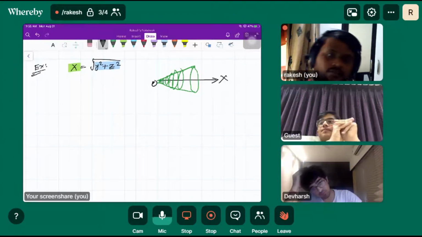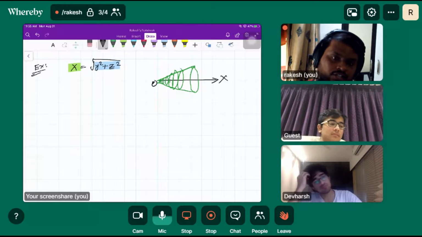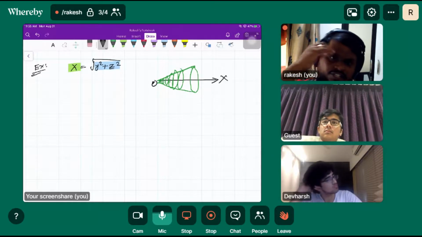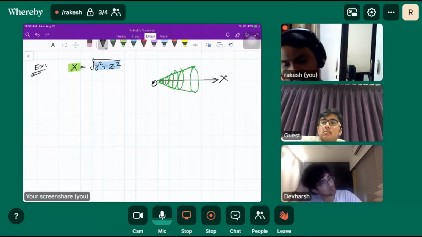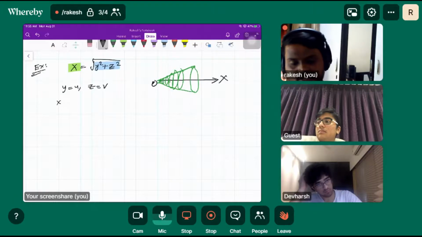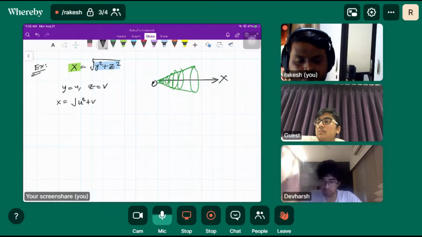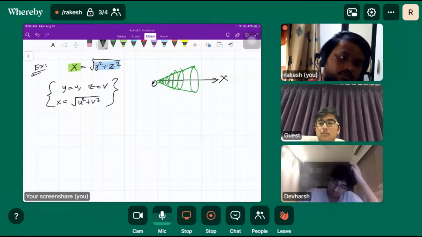That's how we can convert the given equation in the xyz coordinate system to a parametric equation. Suppose we set y is equal to u and z is equal to v. Then x is equal to square root of u square plus v square, isn't it? So that's how we can convert the given surface into parametric form.